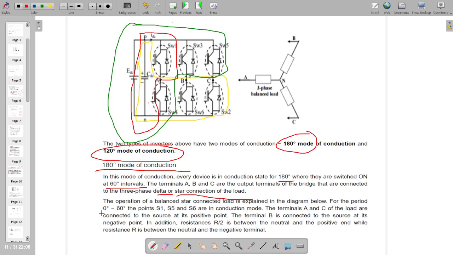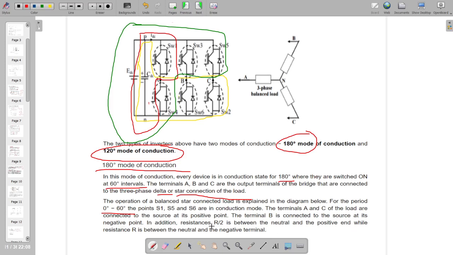For the period 0 to 60 degrees, S1, S5 and S6 are in conducting mode. The terminals A and C of the load are connected to the source at its positive point. The terminal B is connected to the source at its negative point.